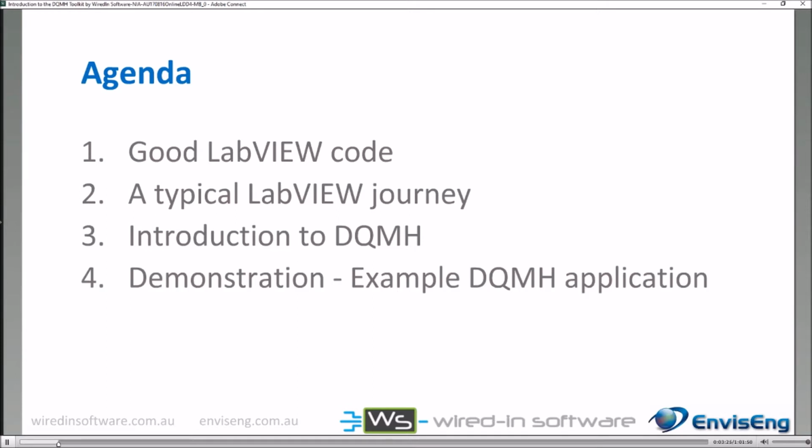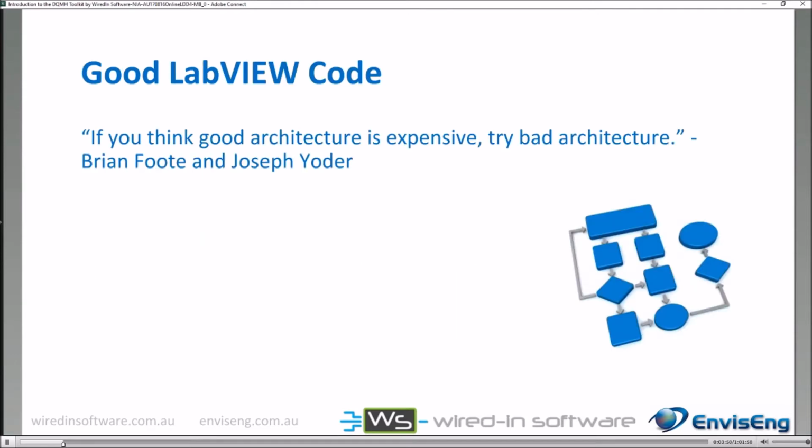And Karina's going to give us a demonstration on building a very simple DQMH application to get us up and running. Finally, we're going to talk very briefly about an example project that Wired In are right in the middle of developing, and we're using DQMH as our primary framework. So let's get into it.